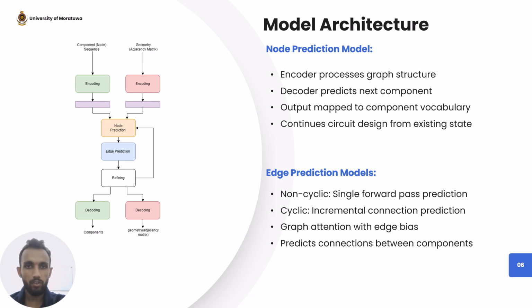Finally, we have a refinement step that polishes the output before decoding it back into the updated component list, and the new adjacency matrix representing the circuit geometry. This combined architecture allows the model to design circuits in a structured and modular way.